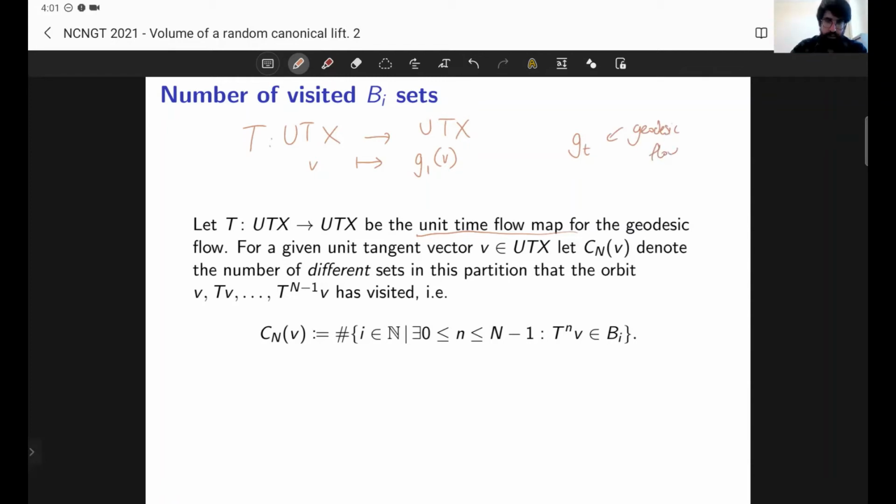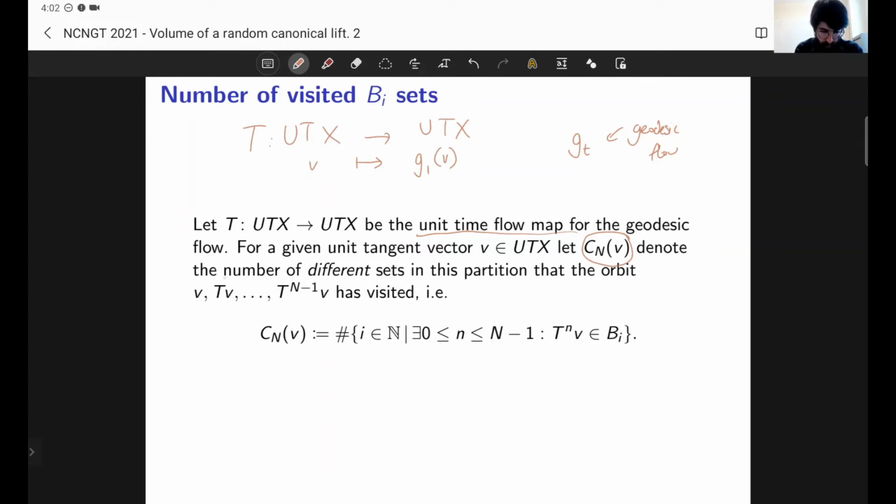So this gives us a discrete dynamical system from the unit tangent bundle to the unit tangent bundle, and we'll define C_n(v) as the number of different B_i sets that we visit in this partition as we iterate the unit time flow map. So consider n steps of the unit time flow map, and you will get points v, T(v), and so on, up to T^(n-1)(v).